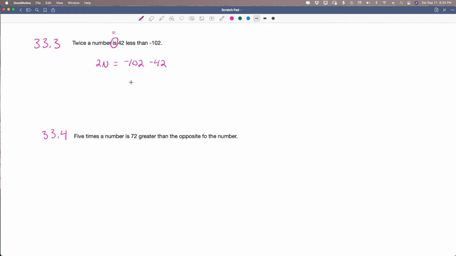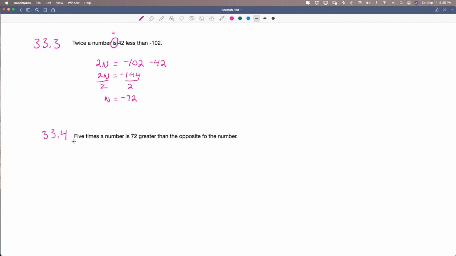So all I need to do now is solve it. So I say 2n is negative 144. I divide both sides by 2. And n is equal to negative 72. That's not so hard. I think we can do these.